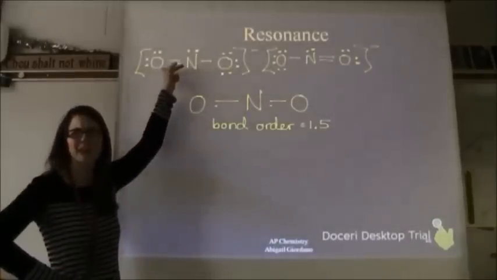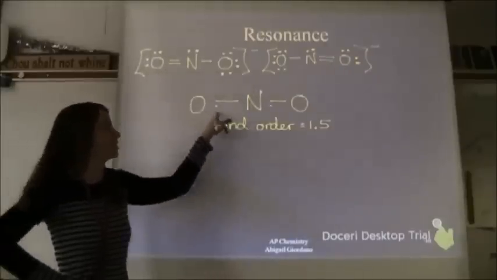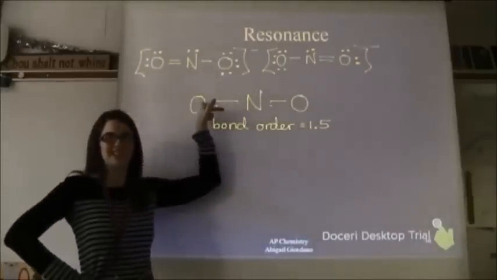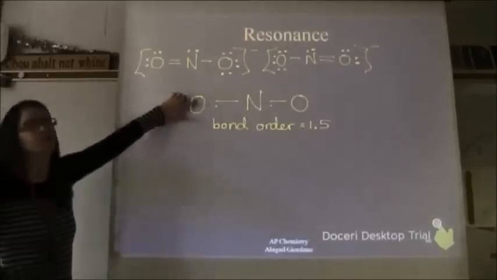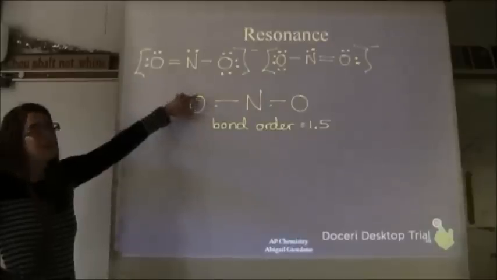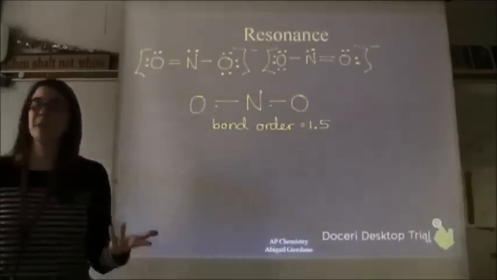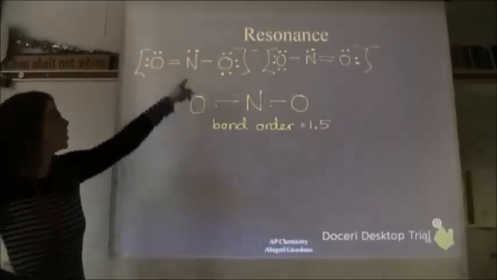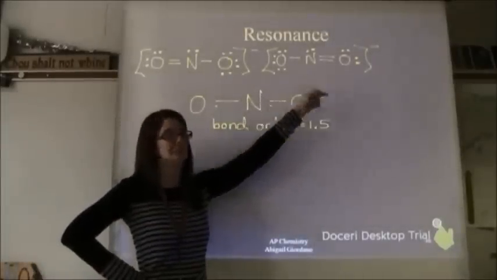That's a single, that's a double. This is not how nitrite really exists. This is how it exists. Okay? Now, here's the thing, guys. You're not allowed to draw this. Unfortunately, if you're answering a resonance question in free response, what that means is you have to draw both of these. And I know that's a pain. Okay.